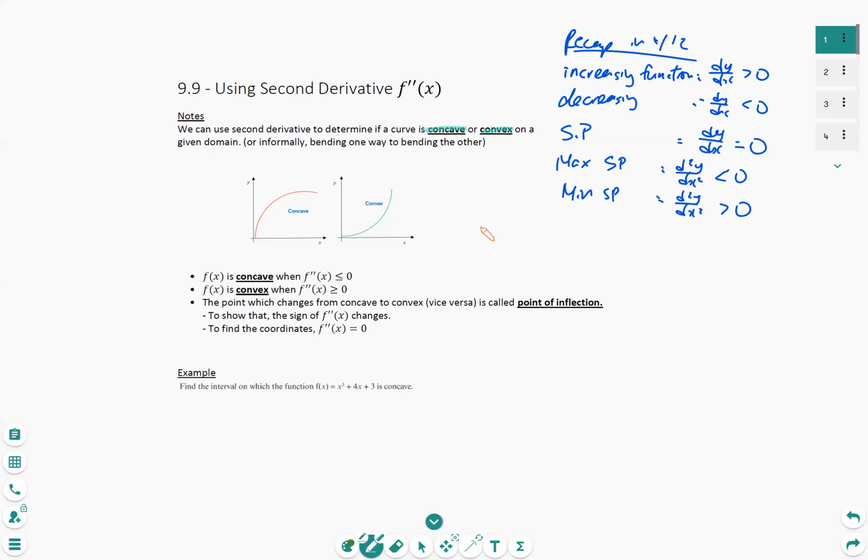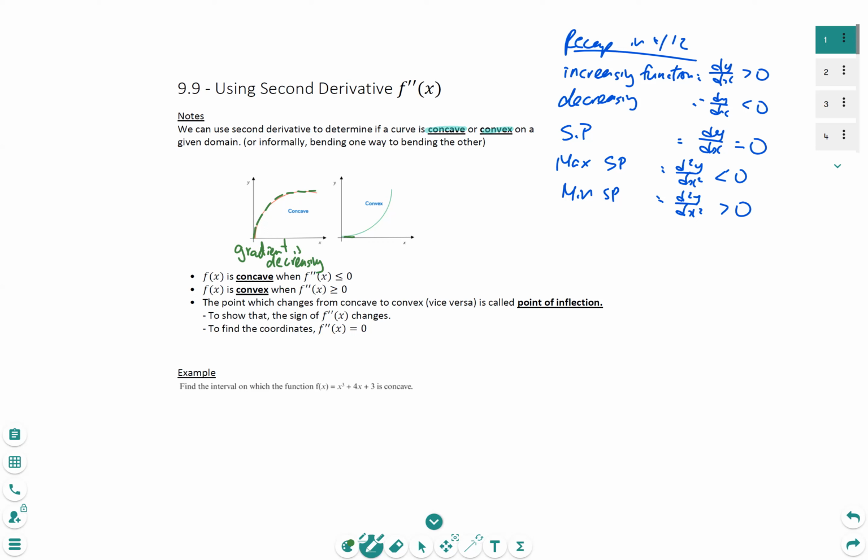If we draw a lot of gradient tangent lines, you can see the gradient is decreasing. Why? Because this gradient is very positive, very steep. Gradually, we are moving to a flatter line, so the gradient goes from very positive towards 0, so it's decreasing.